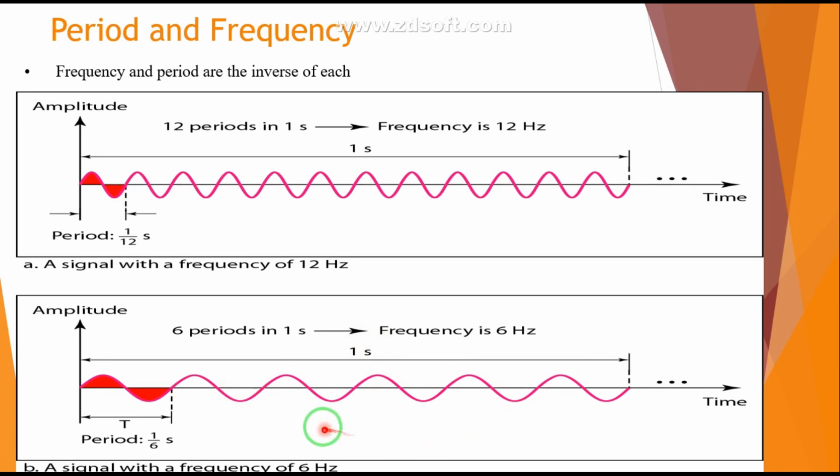So what is the period? It is the inverse of frequency, that is 1 upon 6 second. Getting it, guys? Frequency is denoted by small f and period is denoted by capital T. So f is equal to 1 upon T, or we can say capital T equals 1 upon f.